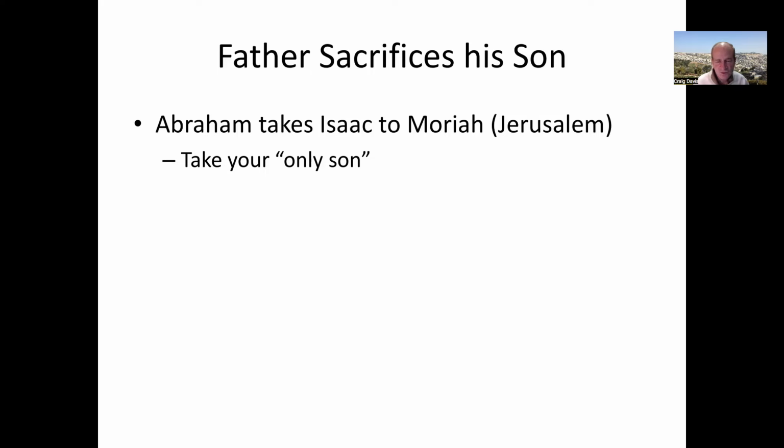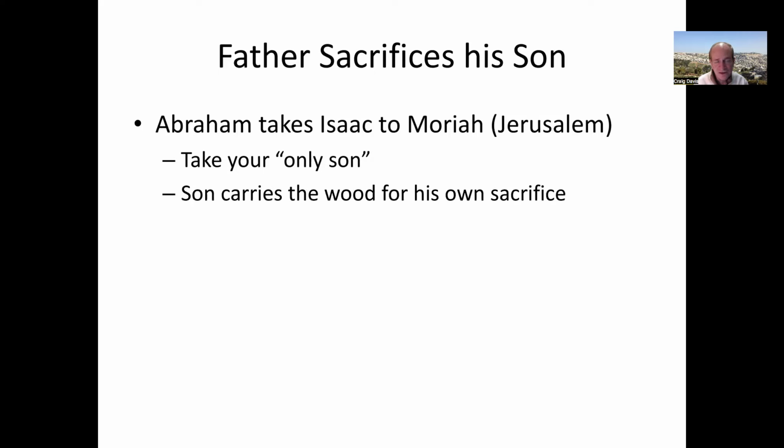in Genesis 22, God speaks to Abraham and says, "Take your son, your only son, Isaac, whom you love." Well, it's a stretch to say only son because Abraham has two sons. But the command is to take his only son to the land of Moriah.